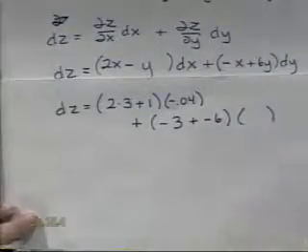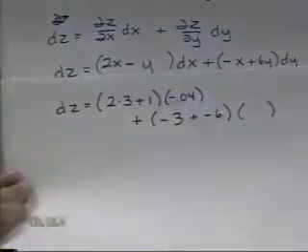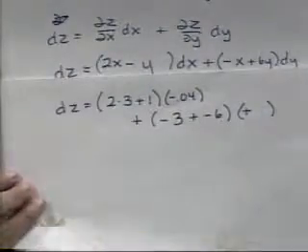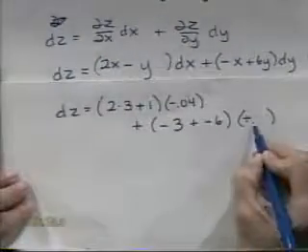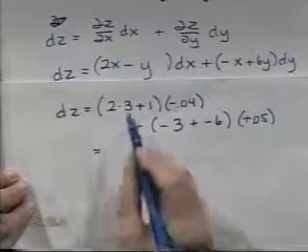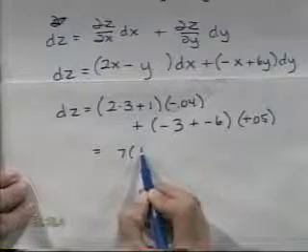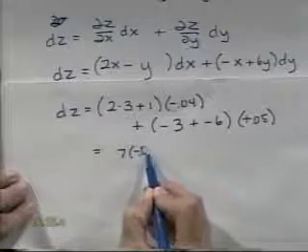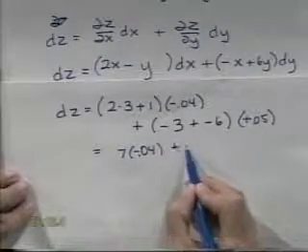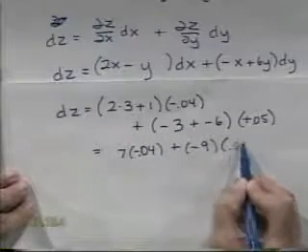And what goes in for delta y? Positive 0.05, was it? So I have 2 times 3 is 6, plus 1 is 7. So I have 7 times -0.04 plus -9 times 0.05.